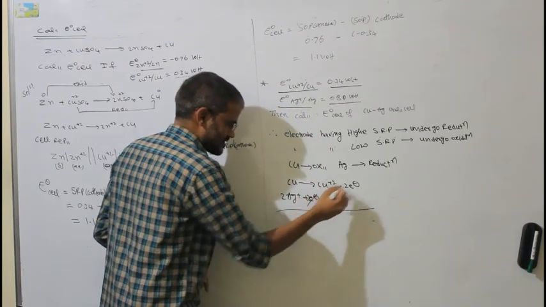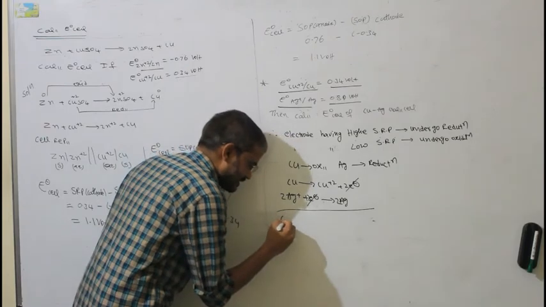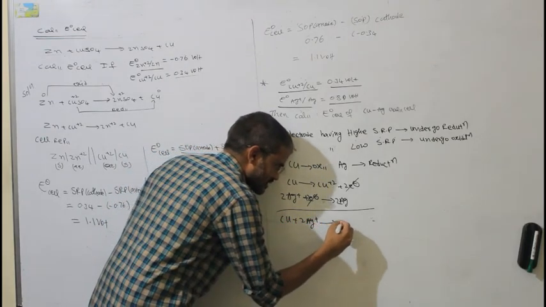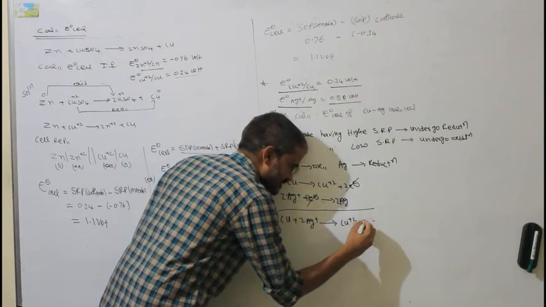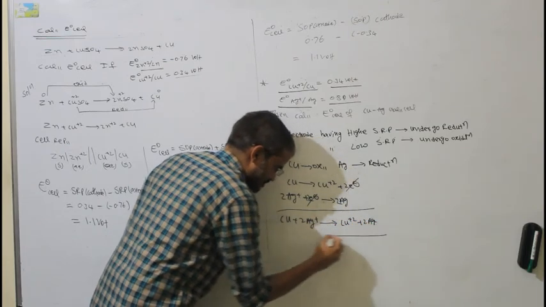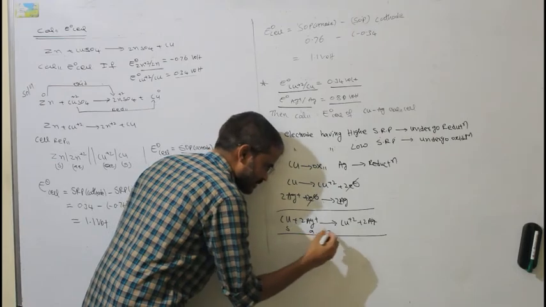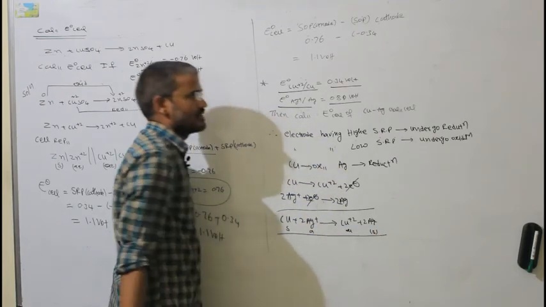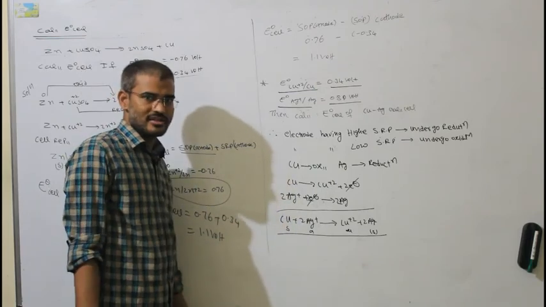If we add both equations, cancelling similar factors, it becomes Cu plus 2Ag+ gives Cu2+ plus 2Ag. Solid, aqueous, aqueous, solid.